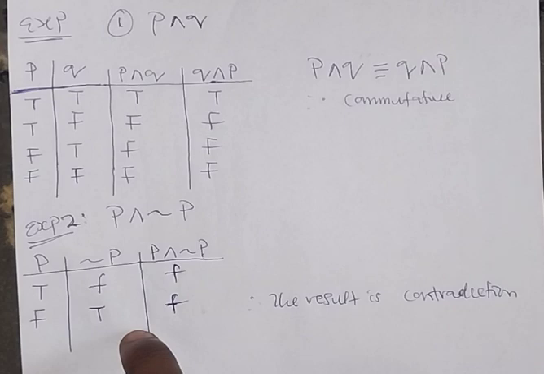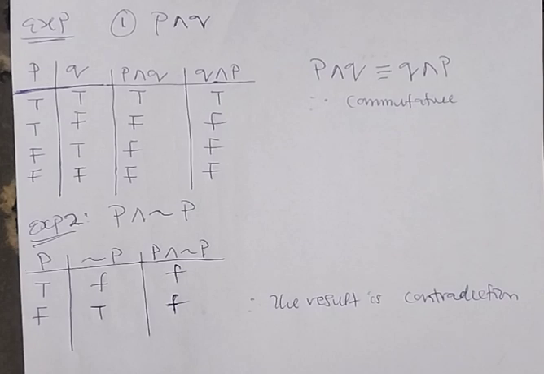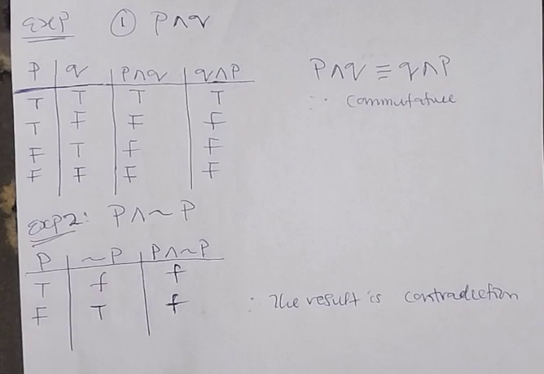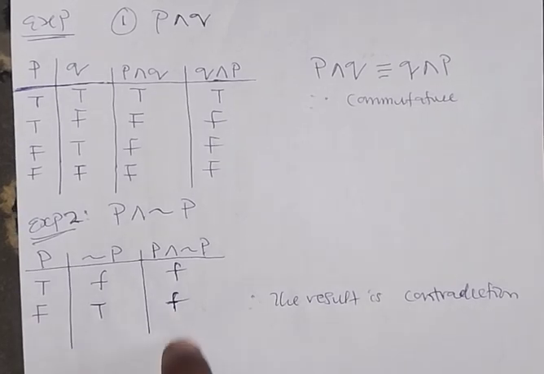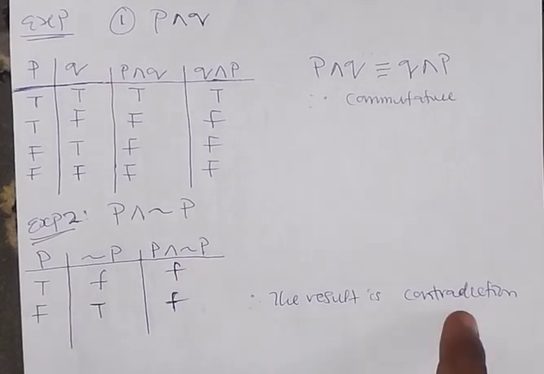Tautology is when your results are all true. Then if the results are all false, it is called contradiction. Then if you're having both true and false, your result is going to be contingency. So therefore, the result we got here, since it's all false, is going to be contradiction.